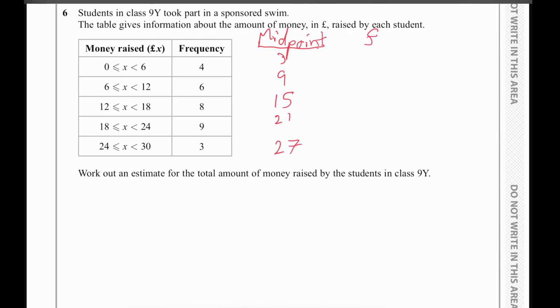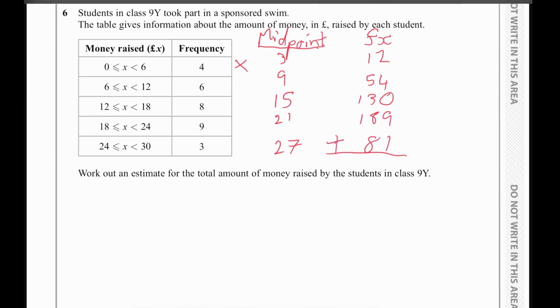Next we need to find fx, which is basically a combination where we're going to take the frequency and multiply that by our midpoint. So we get 4 times 3, 12, then 6 times 9, we get 54, and then timesing 8 by 15 is 120, and then 9 times 21 is 189, and then finally 3 times 27 is 81.